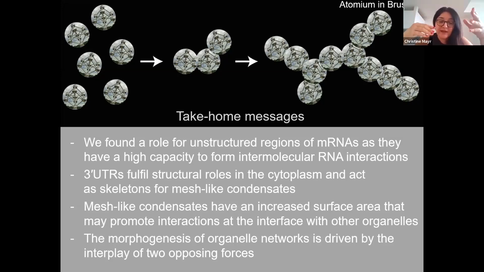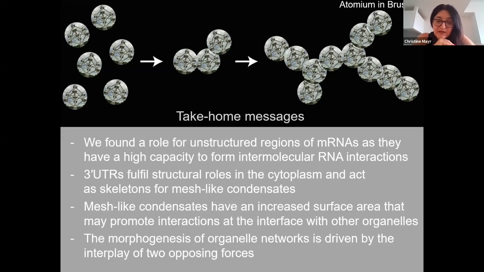And in the case of TIS granules and the ER, this might give them an advantage because now they can share a lot of interface. More generally, this could also be true at the interface with other organelles. So you can create mesh-like condensates that have a liquid-like character where two interfaces come together. And this might promote reactions that occur on the surface of the condensates.